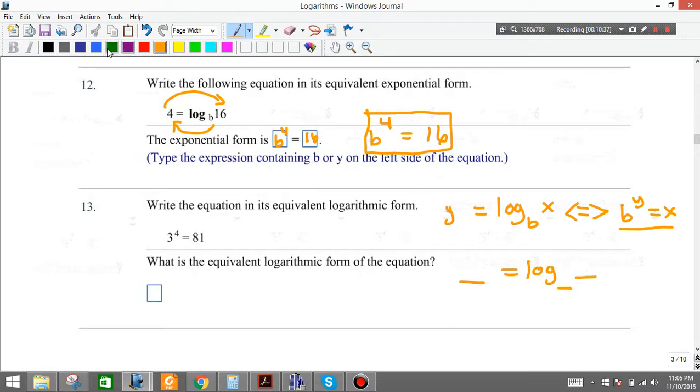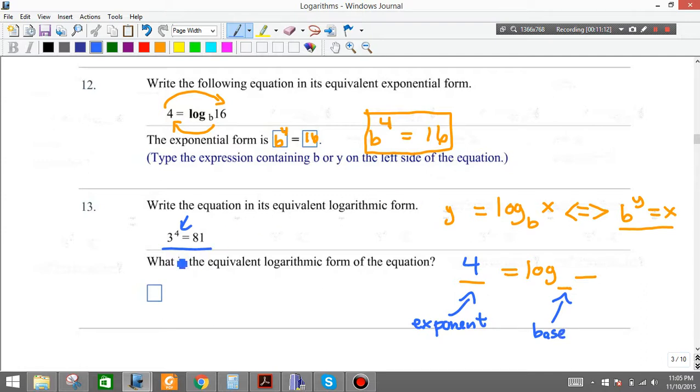Right? And so the thing to remember is that the log is the exponent, and therefore this thing here always has to be the exponent of the exponential equation. So in this case, when you look at this exponential function, 4 is the exponent. And so 4 would go over here. This number down here is always the base, and the base is the number that always has a power on it.